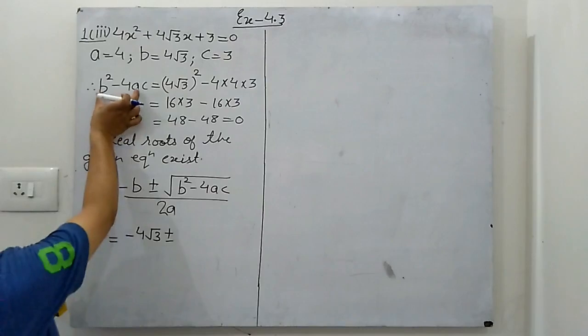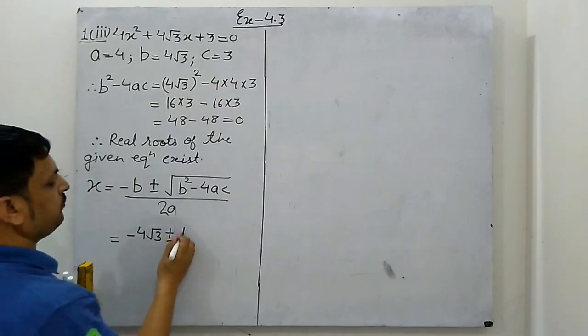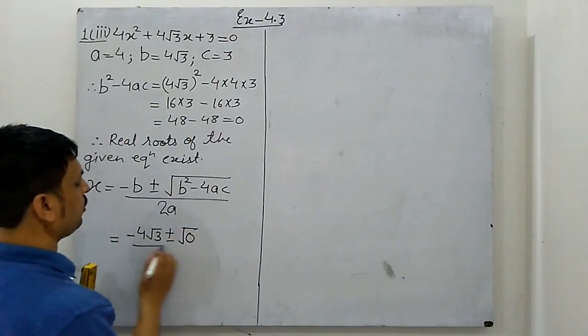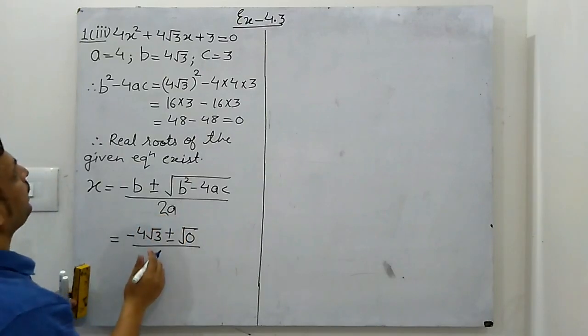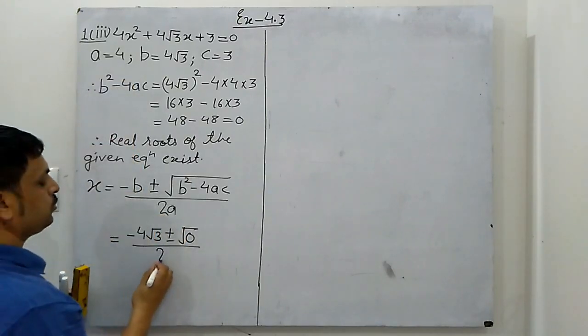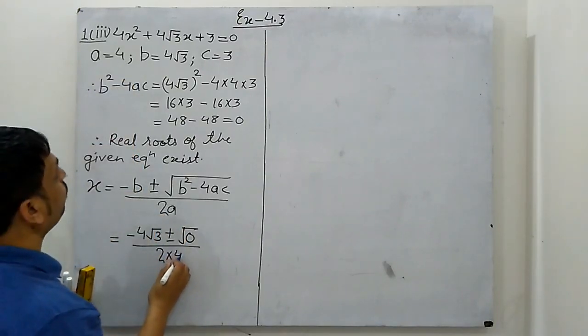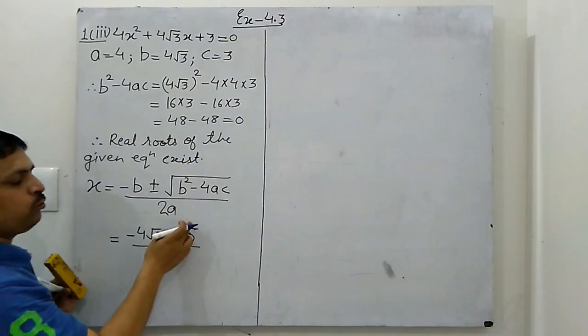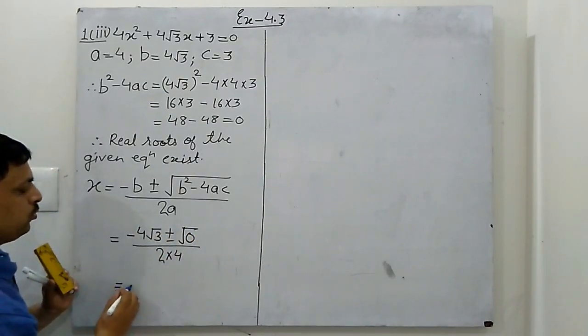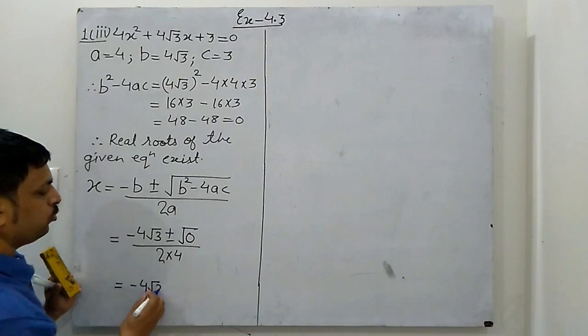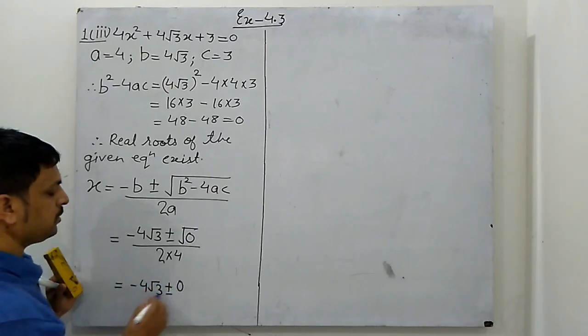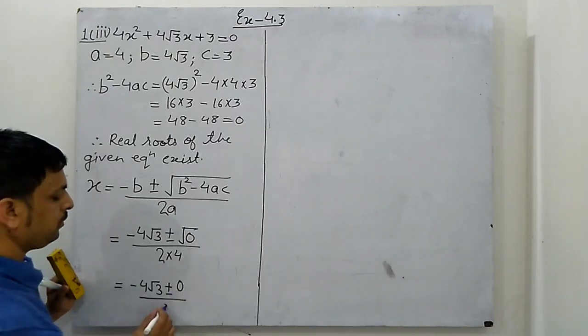We have the value of b square minus 4ac, which is 0. So square root of 0 upon twice of a. A is what? 4. So 2 into 4. Clear? So square root of 0 will be 0. So minus 4 root 3 plus minus 0 upon 4 2s are 8.